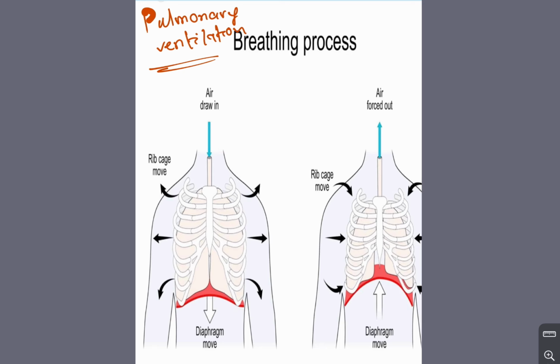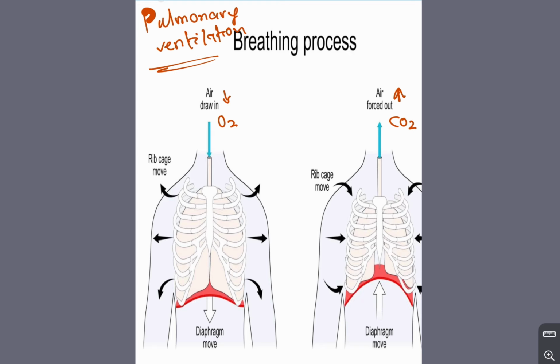It is a very important process to move air into and out of the lungs. As I told you, its primary purpose is to supply the body with oxygen and eliminate carbon dioxide from the body.